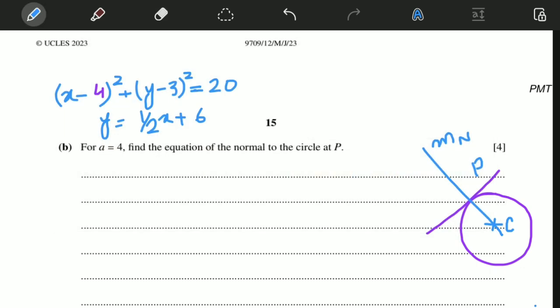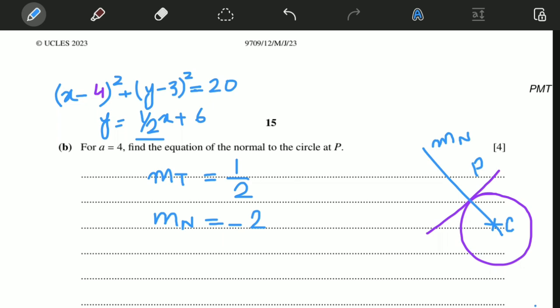Now start doing it. First, the slope of the tangent is 1 by 2, as evident from the equation of the tangent, and the slope of normal is going to be minus 2.